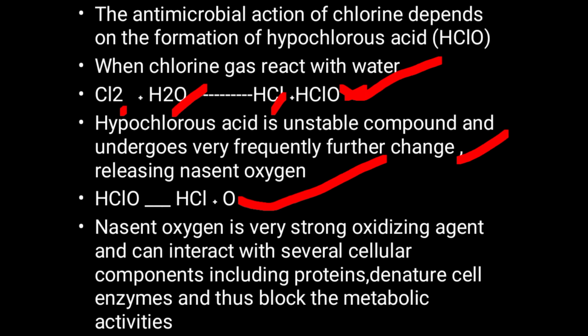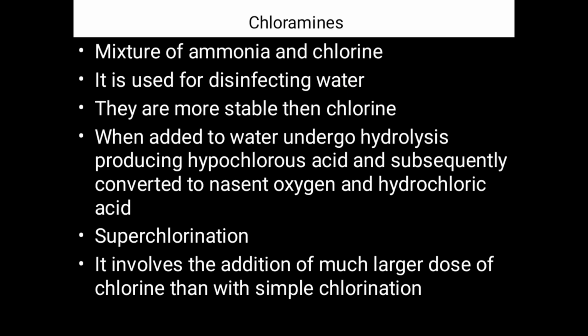Now the nascent oxygen is a very strong oxidizing agent and it can interact with several cellular components including protein, denature enzymes and thus block the metabolic activity of the organism. So in simple chlorination we add chlorine, chlorine converts to hypochlorous acid, hypochlorous acid releases nascent oxygen and this nascent oxygen kills the microorganism in different ways.